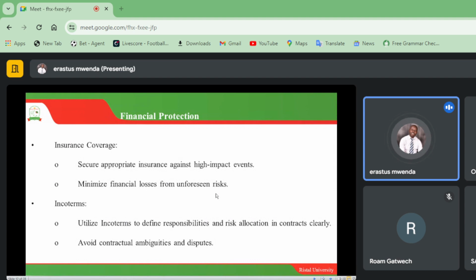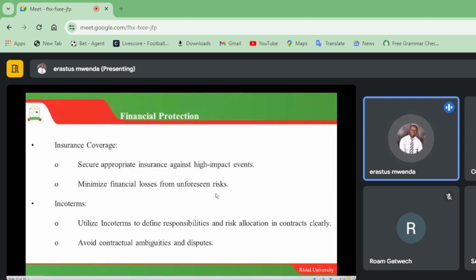In case of any risk, you need to find out what to do. And part of helping you to cover the risks of loss, we could have the conversations around insurance coverage. This is going to assist in minimizing the financial losses because of unforeseen risks.